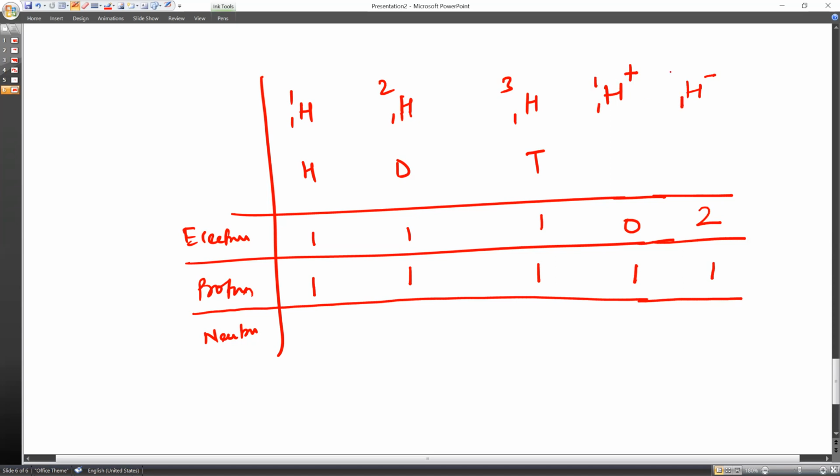Now tell me the next, number of neutron. In this one, 0. In this one, tell me, 1. Subtract this one and this one.